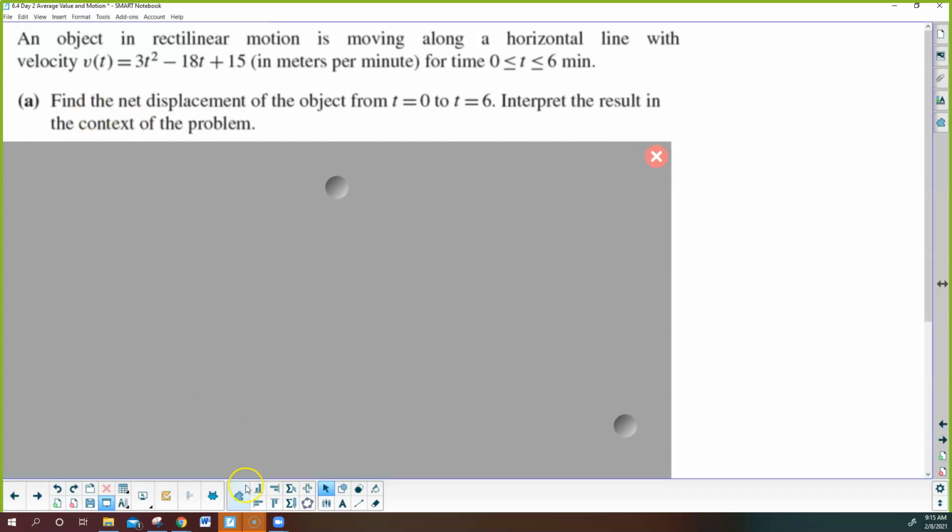Part A says find the net displacement of the object from 0 to 6 and interpret the results in the context of this problem. So what a lot of students end up doing is they read way too fast and they skip over that word, net displacement.